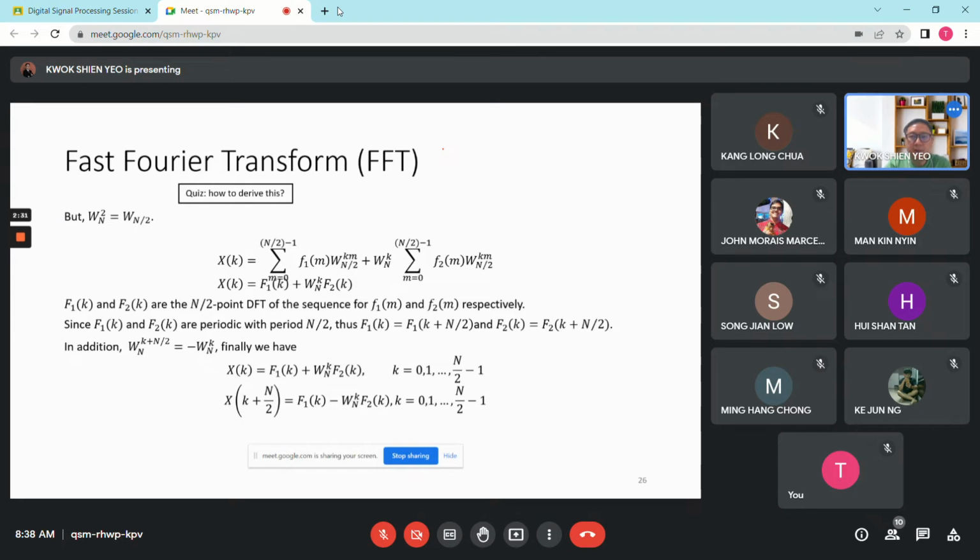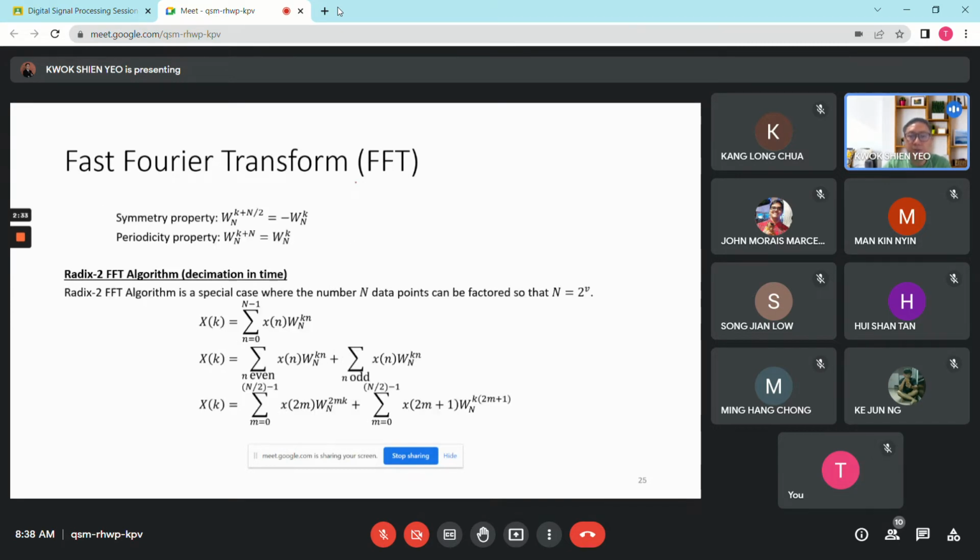On Wednesday, we talked about how we are able to change a DFT equation, this N-point DFT equation, and split it into two smaller DFTs.